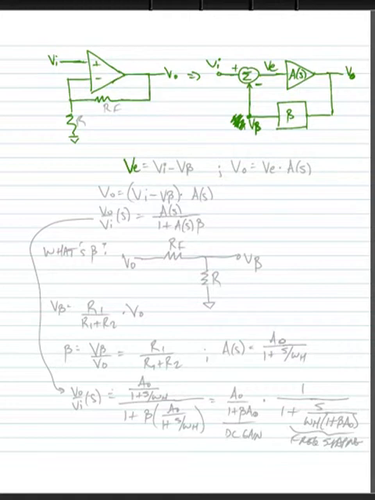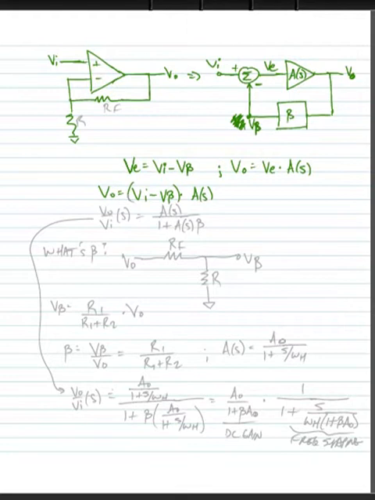So first of all, we can say that V error is equal to VI minus V beta. And we know that V out is equal to VE times A of S. If we substitute for VE, we get V out is equal to VI minus V beta times A of S.